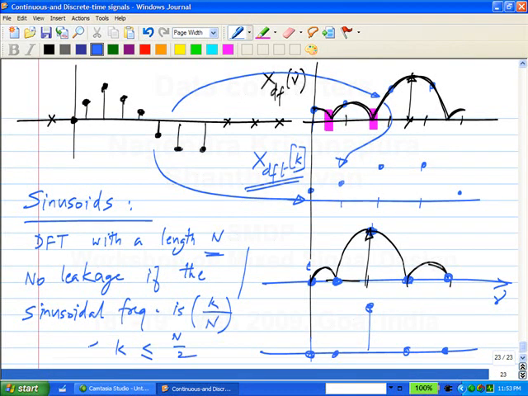This is because I am only interested in the normalized frequency up to half, right? It's already in the sample domain. Okay? This is okay?